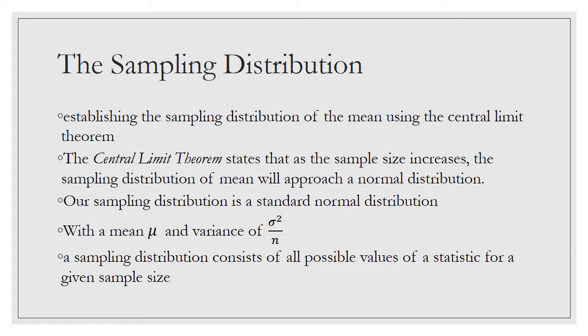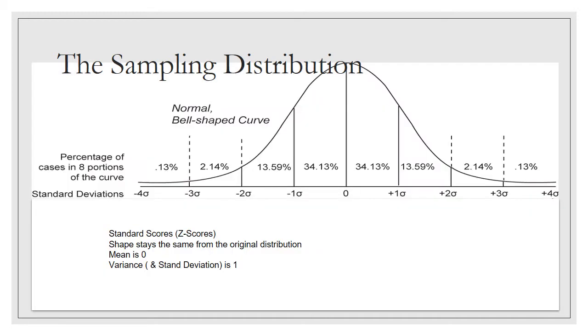Let's take a look at this a little more to get a better conceptual understanding of what we mean here. As we try to conceptualize sampling distributions, we're first going to look back to the standard z-score.